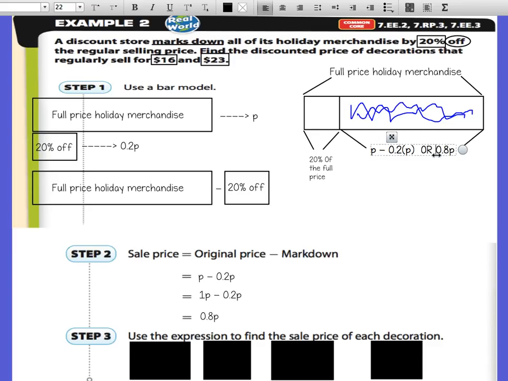So again, we have two different ways where we can solve this problem. We can either take the original price and subtract that 20% that we find, or we can just find 80% of the price right off the bat because that's all you're paying. You're taking away 20%, which means you're paying 80%.